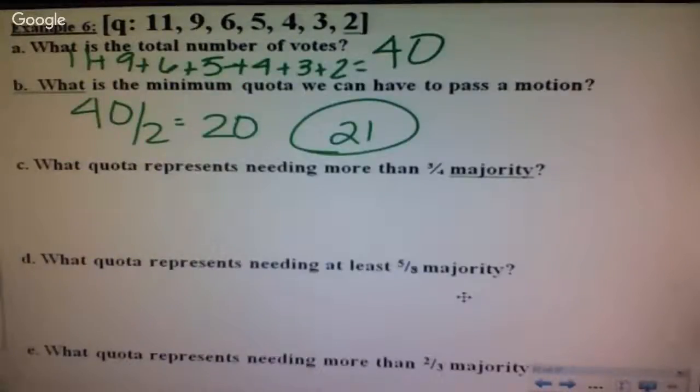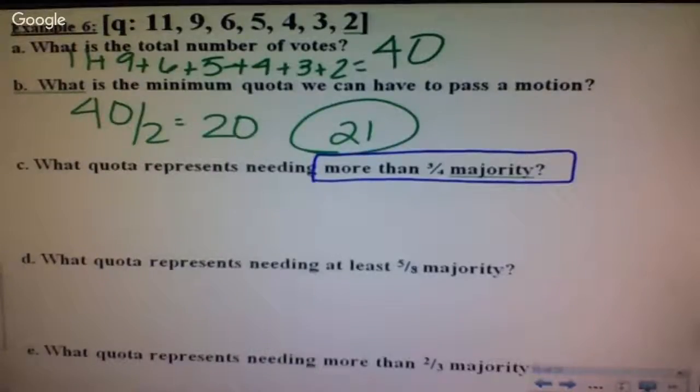What quota represents needing, and you have to watch the words, more than 3/4 majority. Just like we did for the minimum, first I had to figure out what was half, because your minimum is more than half. So I need to first figure out what's 3/4.